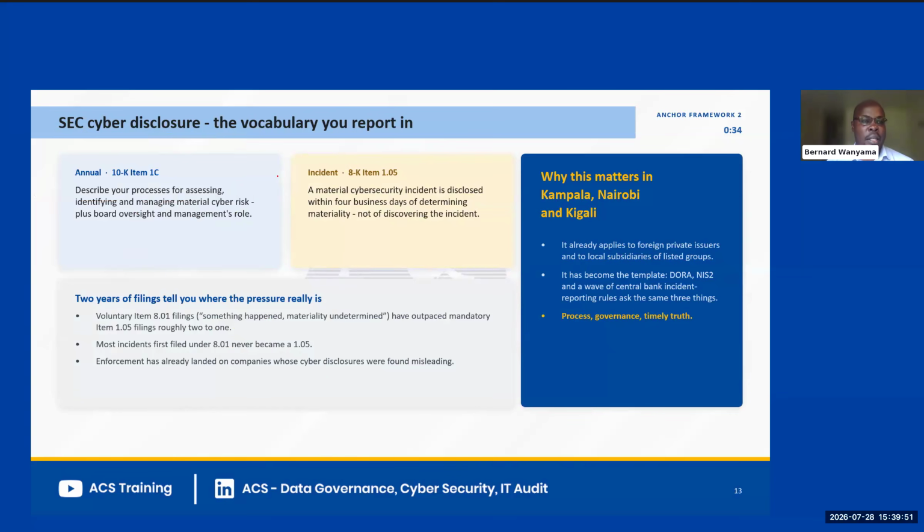In this case, the SEC requires cyber disclosure, and you need to, as an organization, have an annual risk disclosure, but also you need to have a per incident reporting in case you encounter or suffer a material or major cyber incident. Within 4 business days, there must be reporting that is done to the SEC.